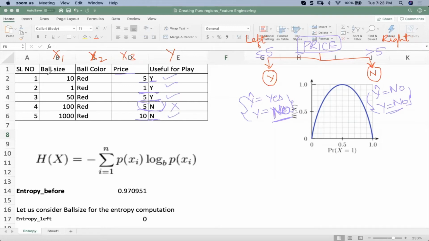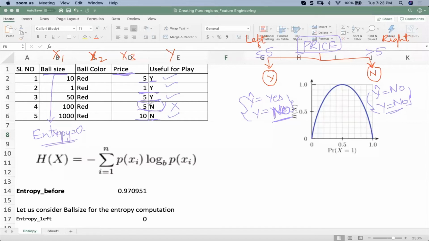So in comparison to price, ball size has more information in it because there were no misclassifications. If there are no misclassifications, that means your error or entropy value will be equivalent to 0. Wherever you have misclassifications, you'll have certain entropy.